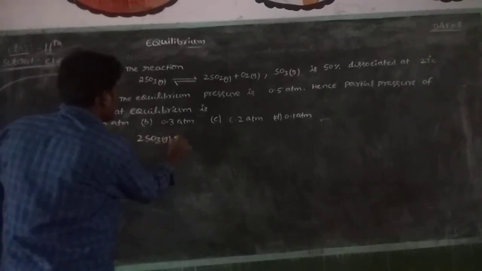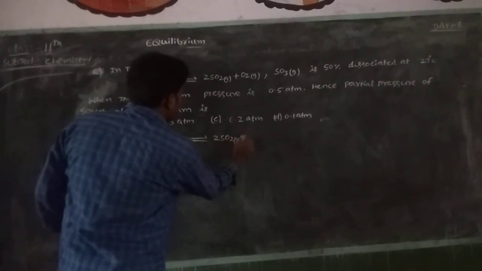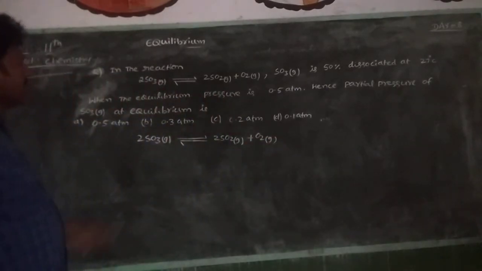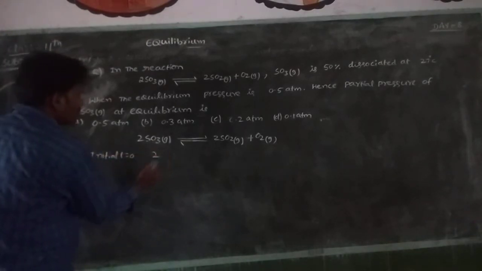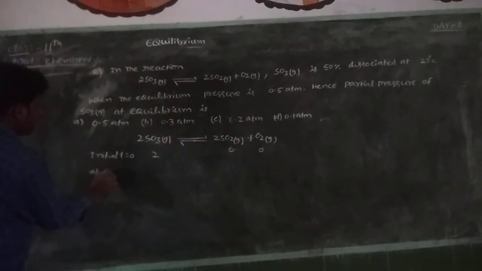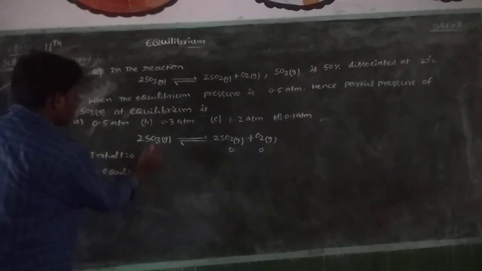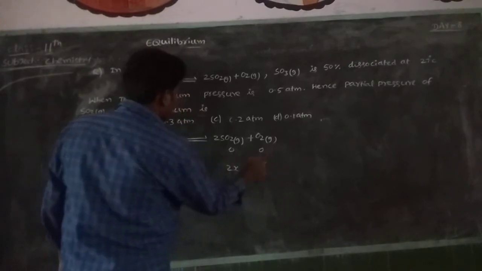Initially at T is equal to 0, this is the 2 moles, this is the 0, this is also 0. At equilibrium, 2 minus X, 2X, and X.